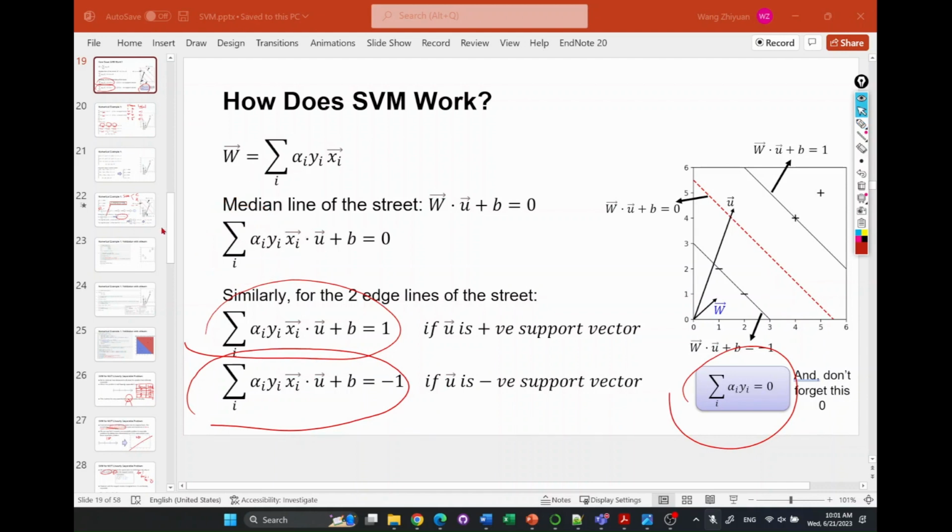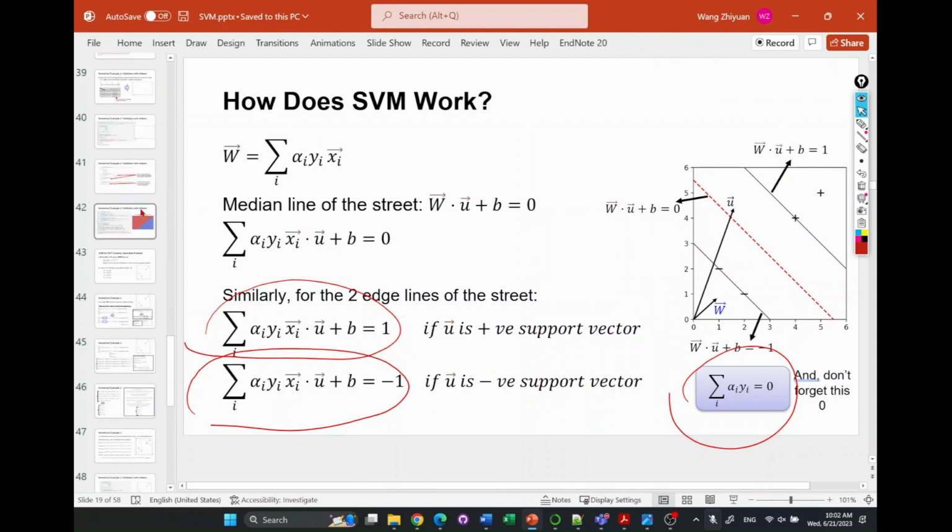Then you can clearly see the final result of this hyperplane only depends on this dot product of xi and u, right? Then alpha i yi is beta i, which we can calculate. So it also depends on this, the same as the equations we applied to solve the problem.